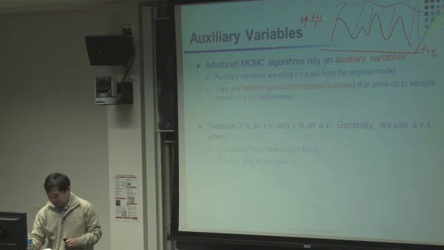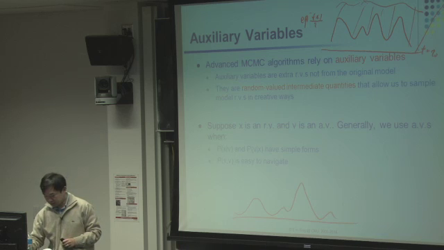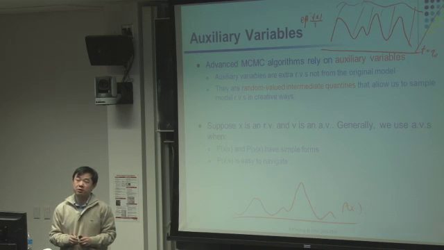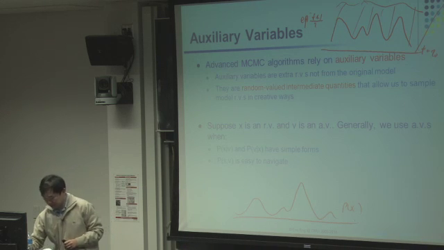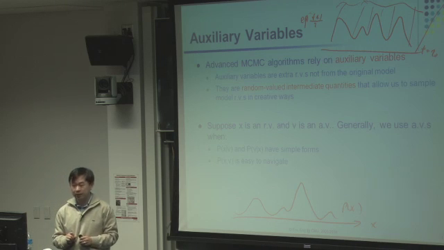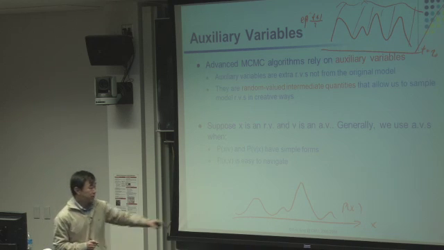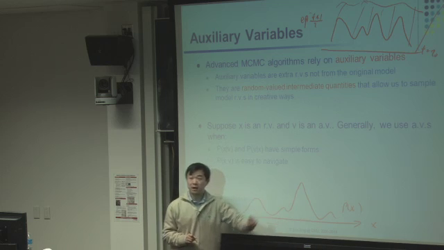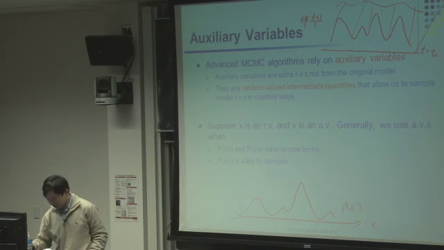So suppose that you have this weird distribution again, which is called P, which can be very difficult to sample from. This is along the dimension of X. Once you are in here, of course, you cannot go there and so on. But now let's introduce another dimension called H, which is the auxiliary random variable.